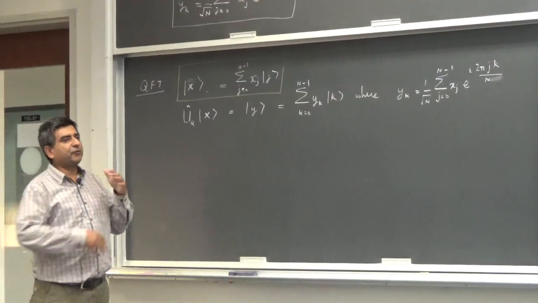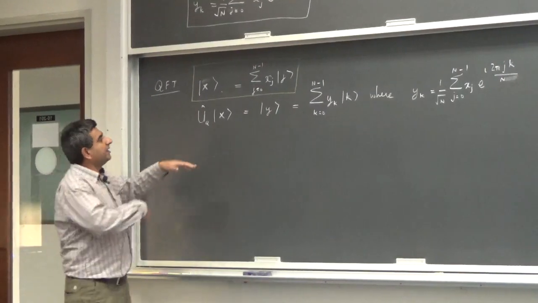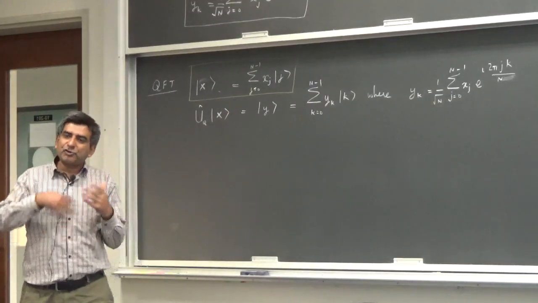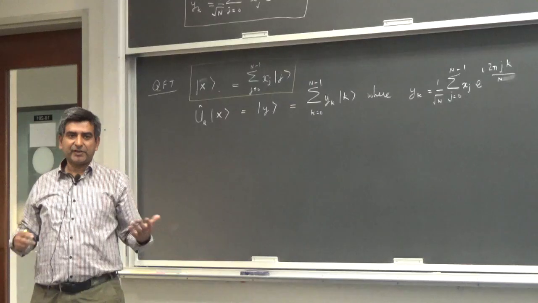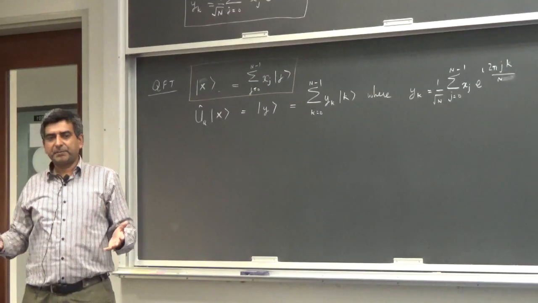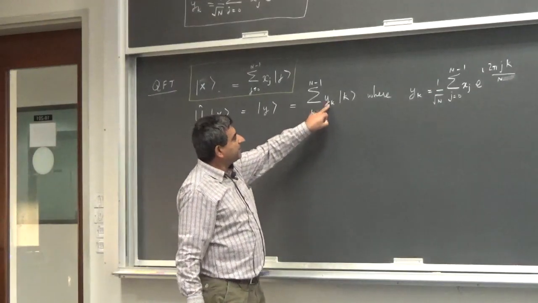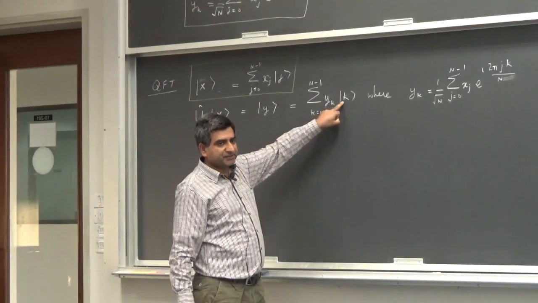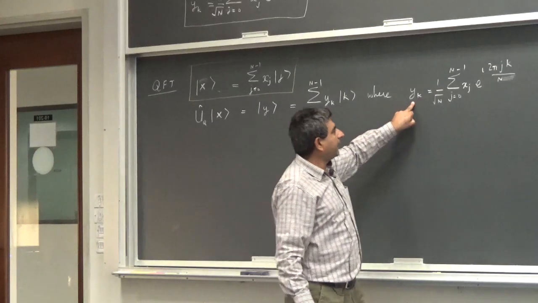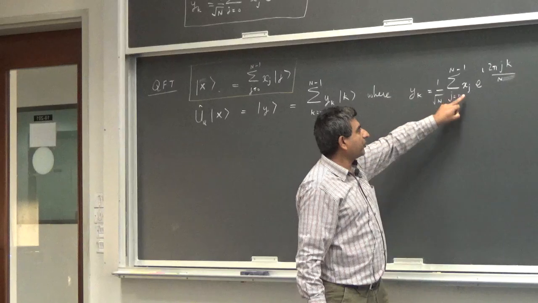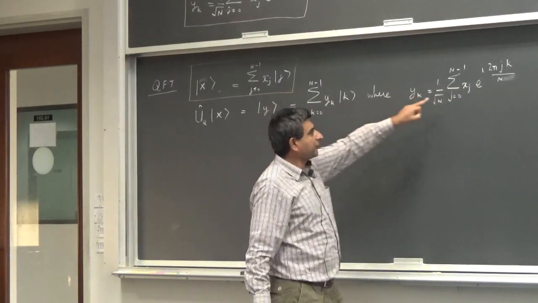Now if I were to take the Fourier transform of this state, I will get a new quantum state, ket y. Now the ket y will also be represented in the same basis because we're not moving out of the Hilbert space, we're remaining inside the Hilbert space. But this time the probability amplitudes for each basis state are given by the Fourier coefficients corresponding to the probability amplitudes of the initial state.